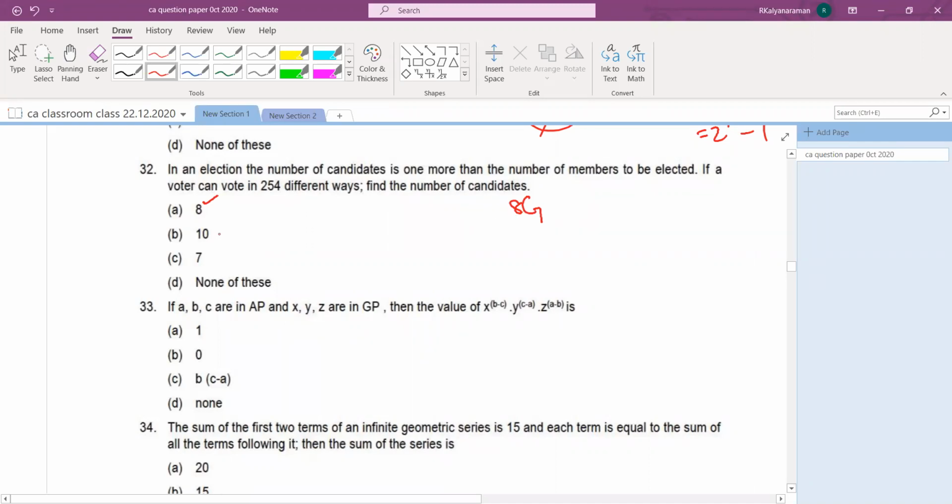254. 10C9. I think the answer is none of this. 254 different ways.